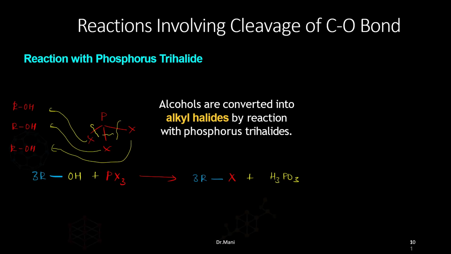What is H3PO3 called? What is the name for this? Phosphorus acid. It is so simple. Whatever the X is there, each X will replace the OH. So the phosphorus acid will look like that. It will look like P, OH.